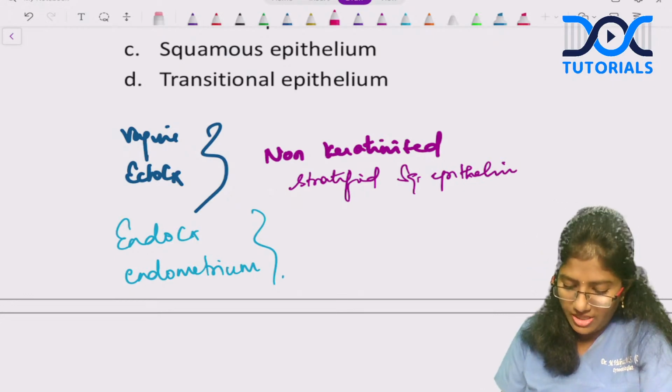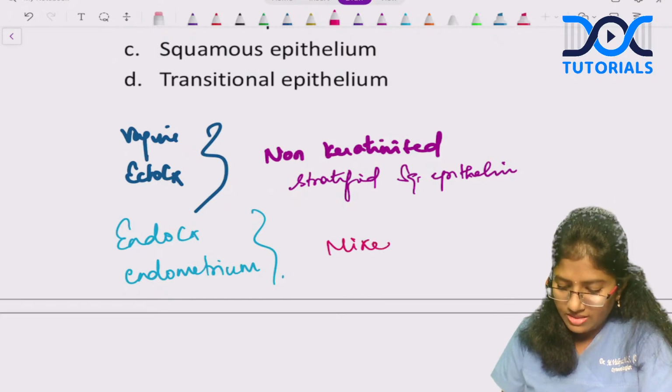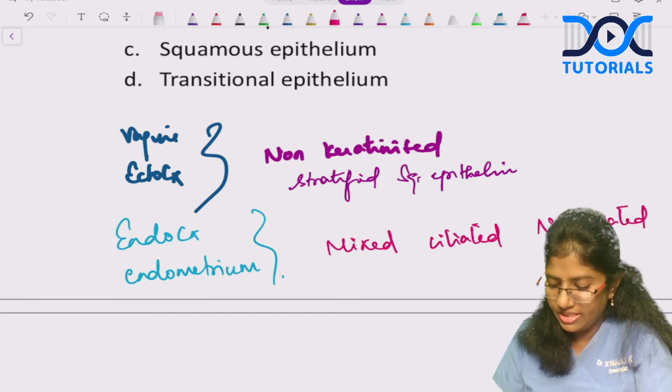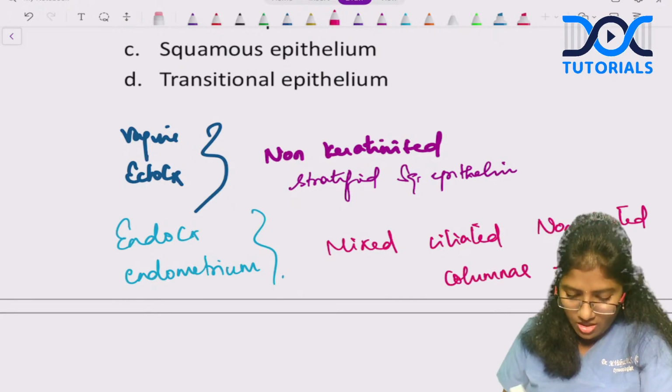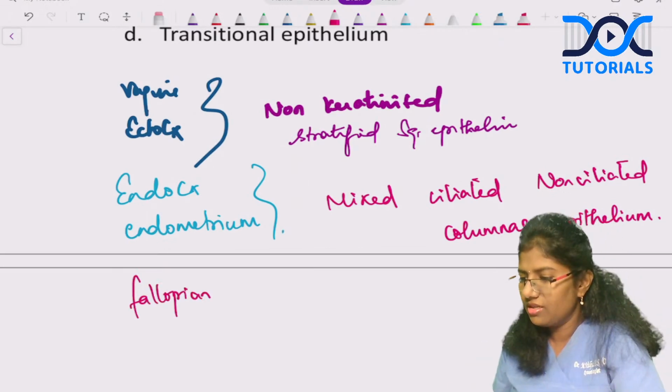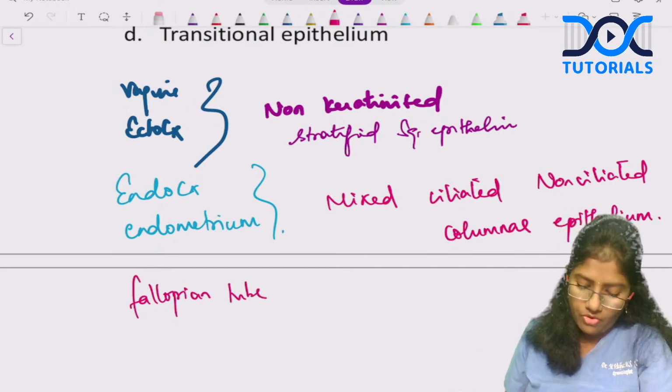It is lined by mixed ciliated and non-ciliated columnar epithelium. And your fallopian tubes are lined by ciliated columnar epithelium.